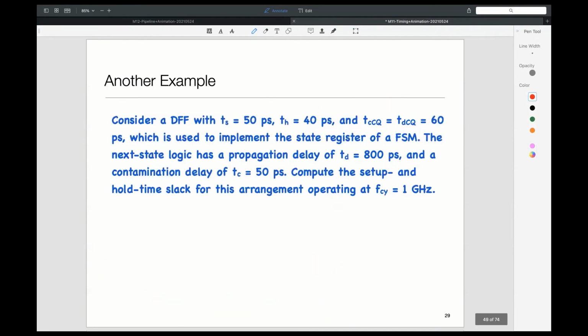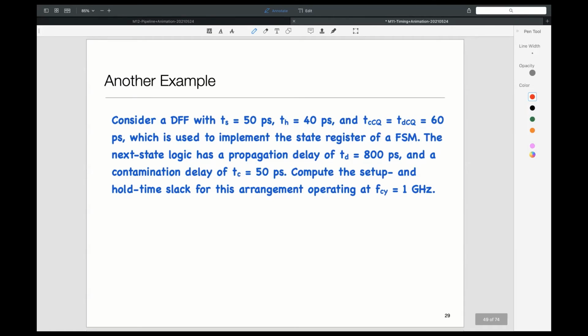Let's try this one out. Consider a D flip-flop with TS equal to 50 picosecond and TH equal to 40 picosecond, so setup is 50, hold time is 40. Which means that for this D flip-flop, the input must be stable for 50 picosecond before and stable for 40 picosecond after the clock edge.